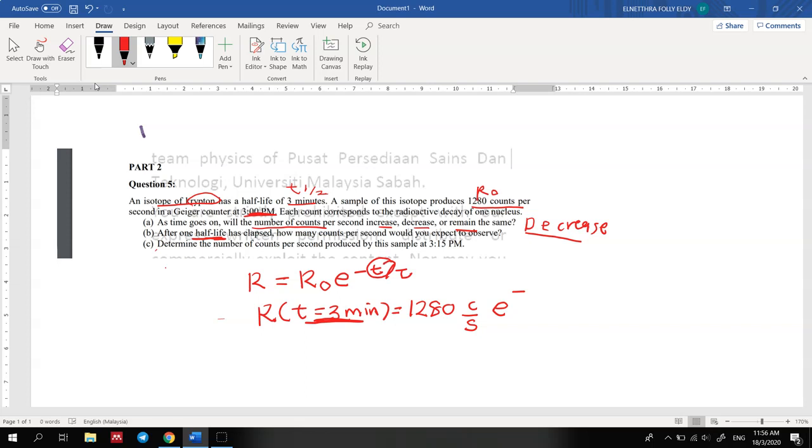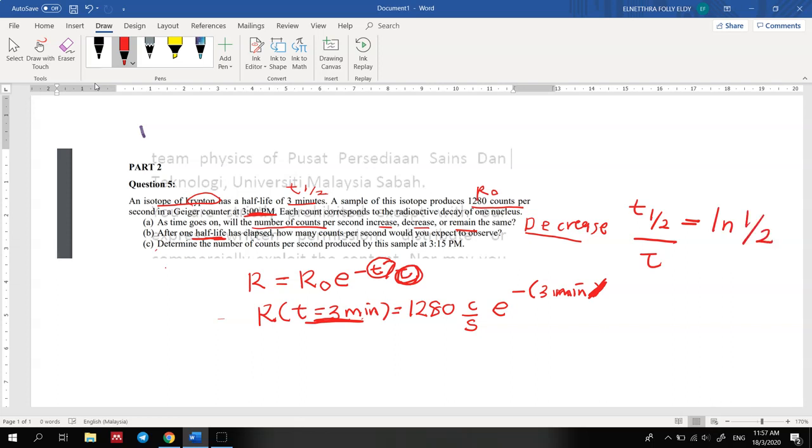And then exponent with the negative t here, which is our time. I was asked to find after 3 minutes, which is after one half-life. So the time is 3 minutes here, over our decay constant. I don't have this one, but I can calculate it through the half-life, because the half-life over the time constant is equal to ln 1/2.